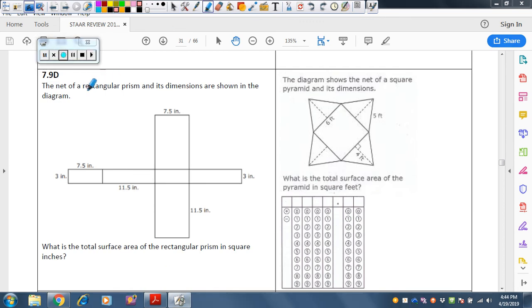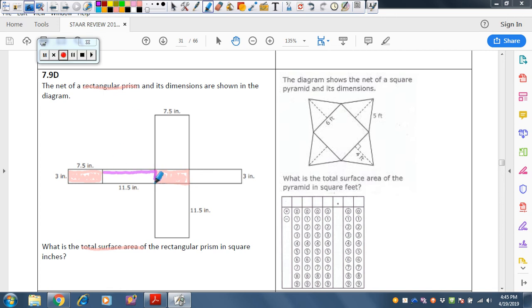The net of a rectangular prism and its dimensions are shown in the diagram. What is the total surface area of the rectangular prism? Everything, everything, everything. So you can do this as 2 or 3 big rectangles or a bunch of small ones. This rectangle and this rectangle are the same.